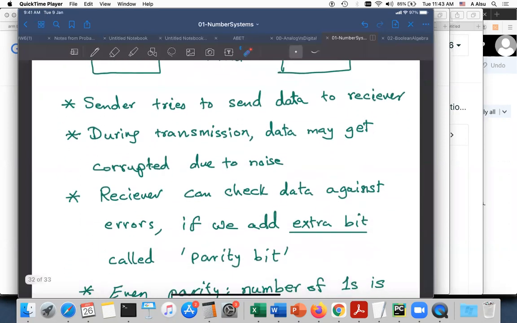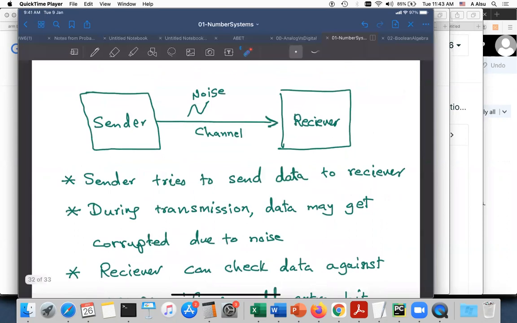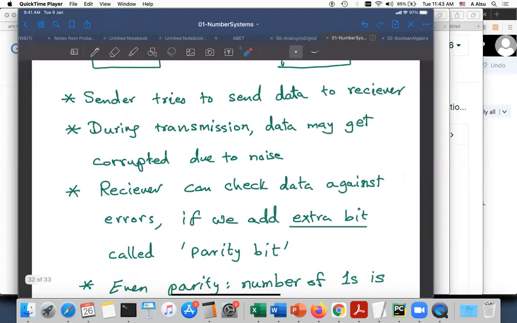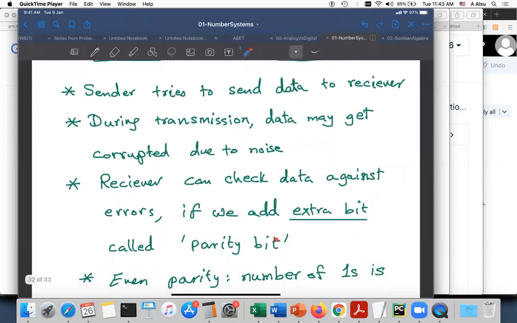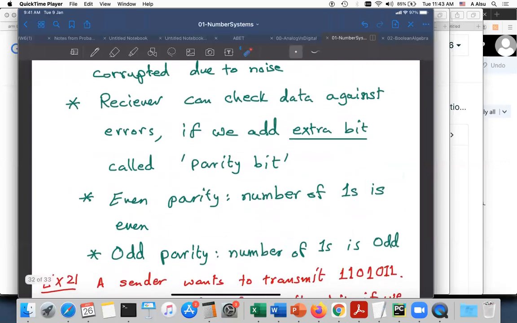In order for the receiver to detect message corruption, we add extra bits. We add extra bits to allow the receiver to detect errors. We call these extra bits the parity bits. We have two kinds of parity, either even parity or odd parity.